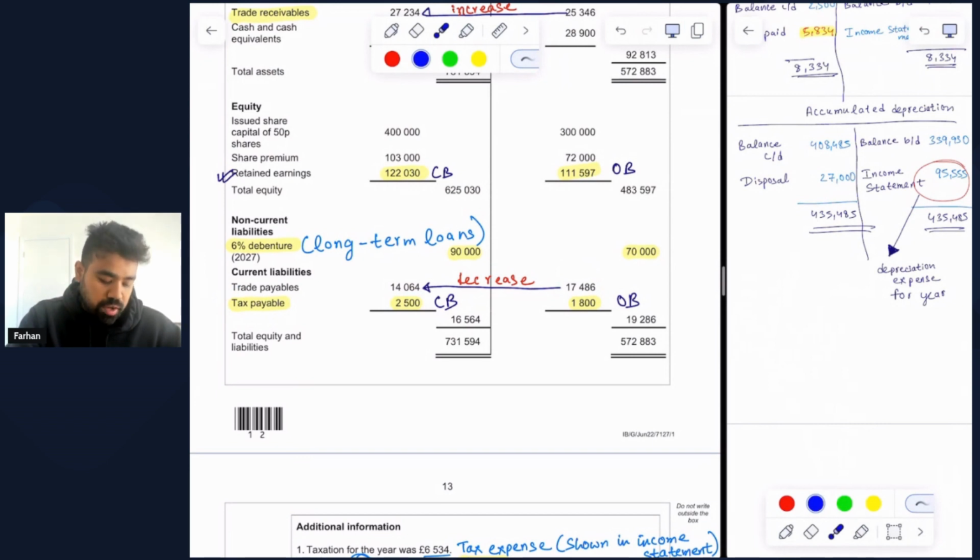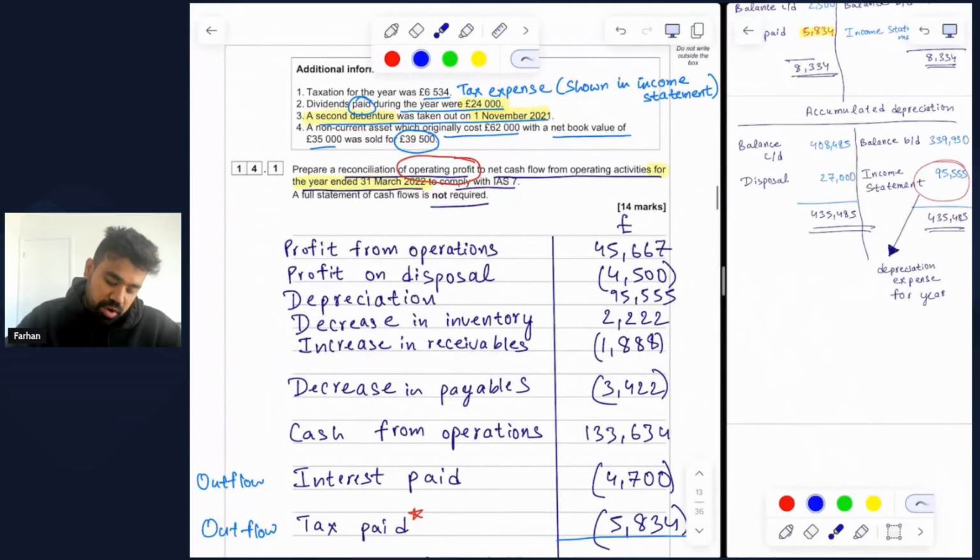And the amount of decrease is 3,422. So decrease in trade payables is 3,422, and you can see this is within brackets reflecting a cash outflow. Why is this a cash outflow? Because payables are those people to whom the business owes money.